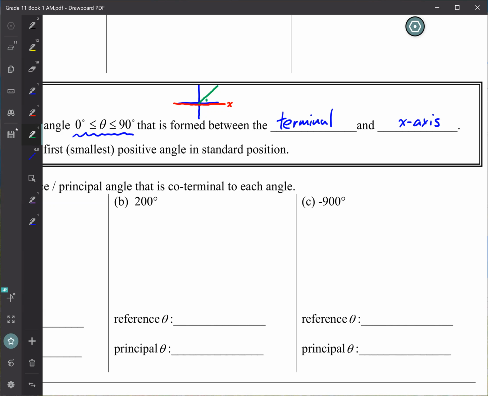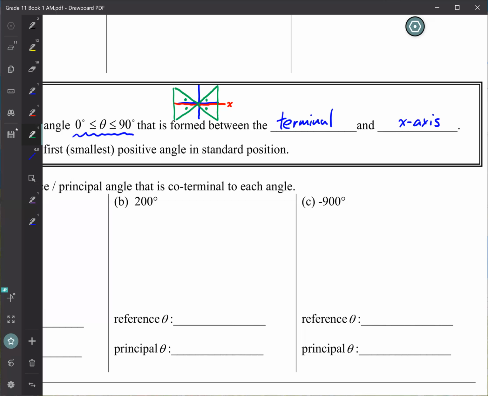Now, if the angle goes to the second quadrant, then the terminal arm and the x-axis will be here. So that's the reference angle, okay? Third quadrant, this is the reference angle. Fourth quadrant, the green dot is the reference angle. Okay, so all the smaller angles, they are the reference angle.